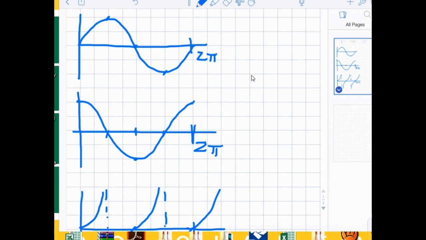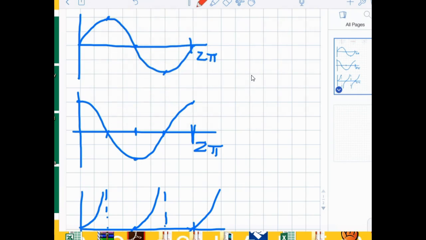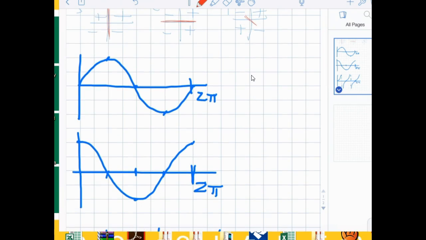Okay, so once you draw these diagrams out, you can kind of tell now where the angles that have the same sine values, same cosine values, same tangent values can be located, right? So let's say that you find an angle that is here, and you want to find the other angle that has the same sine value.